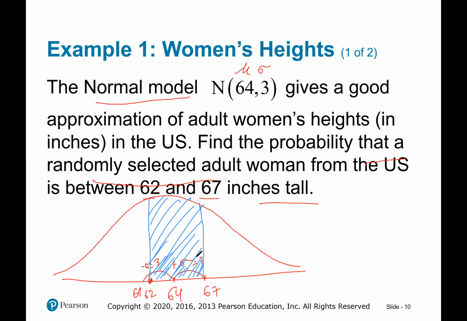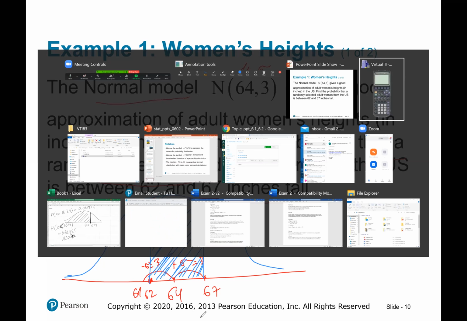Maybe my drawing is not really good. Remember, for the empirical rule, one standard deviation from the mean is about 68%. So this is around 60 something percent, or less or more than that. That is my approximation. Now let's use the calculator to find the answer.